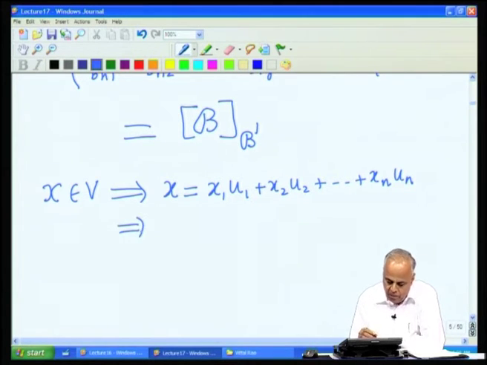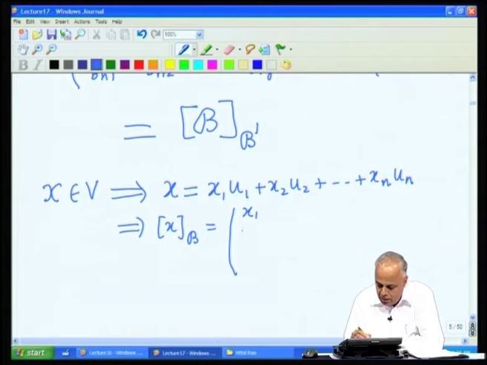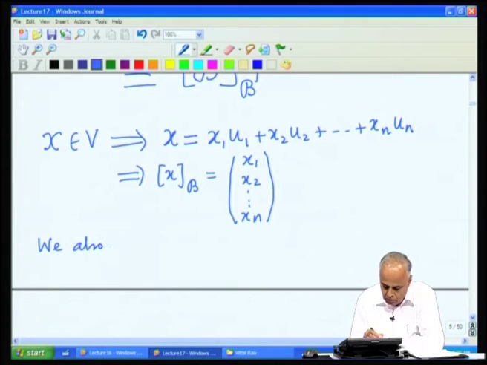This means when we digitize or we find the corresponding vector x, the coded version in Fn, that has to be formed out of these components. So, it will be x1, x2, xn. On the other hand, we also have x.